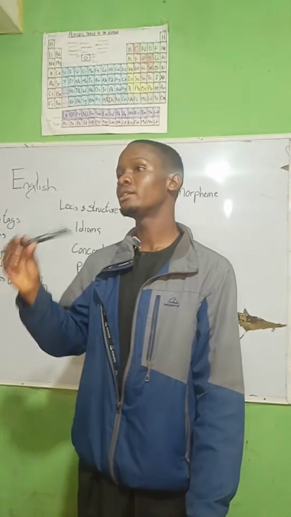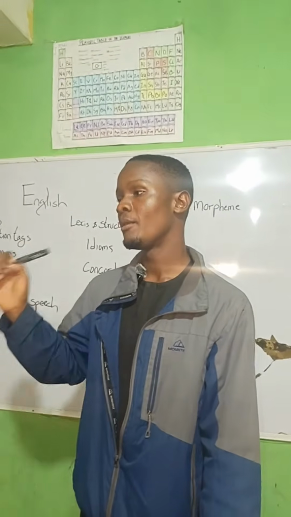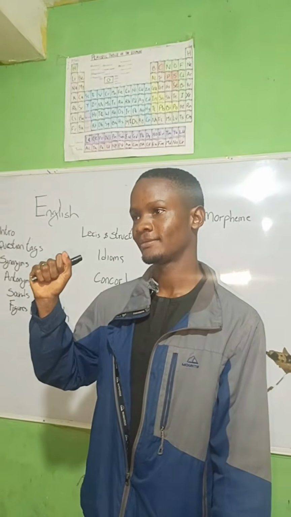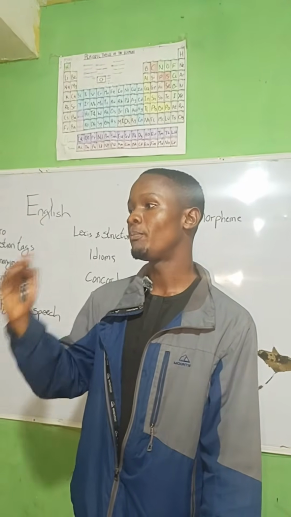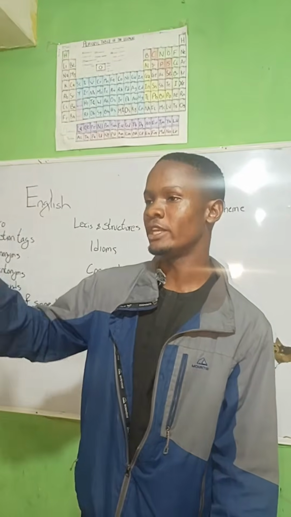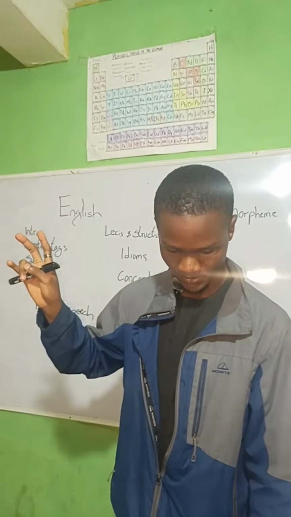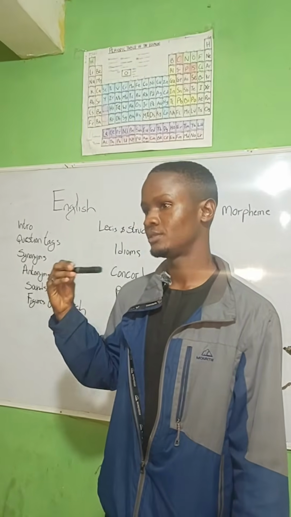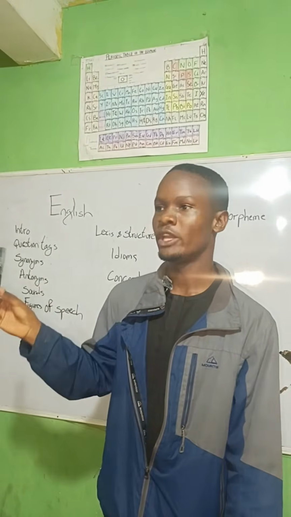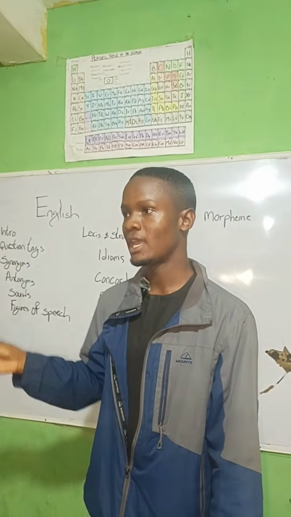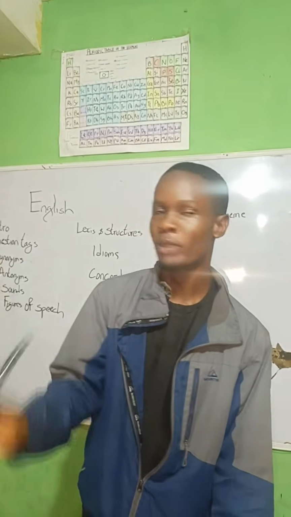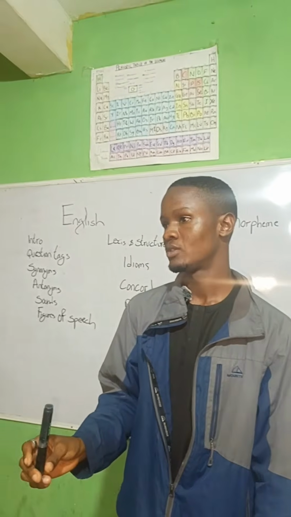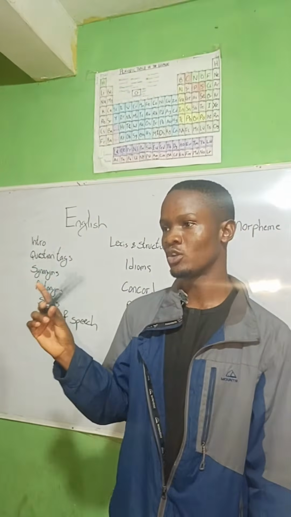Okay, then we said complex sentences possess just one. But now compound complex possess two independent clauses and at least one dependent clause. Two independent for compound complex and one dependent. Two main clauses and just one subordinate clause.